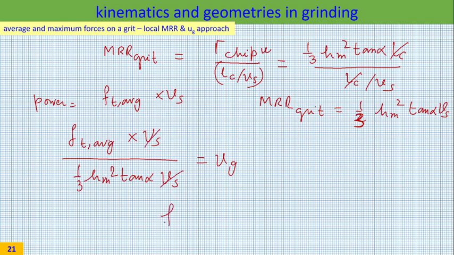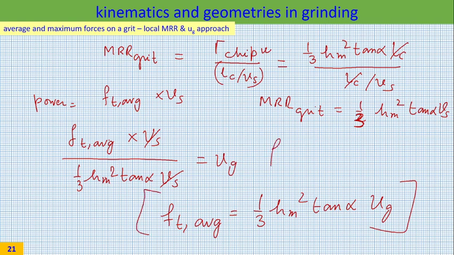These two cancel out and we get the same expression, which is 1/3 HM square tan alpha into UG. If you play with this expression, you are also going to get FT average as UG by C into VW by Vs into root over A by ds. So this is what you are going to get.